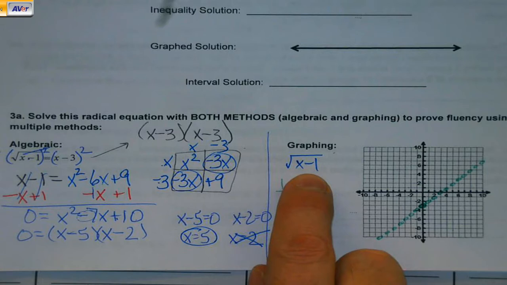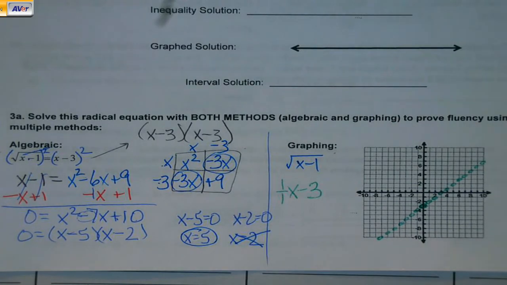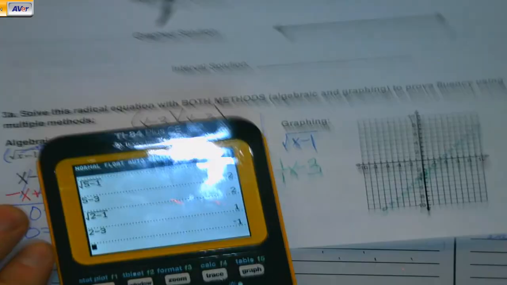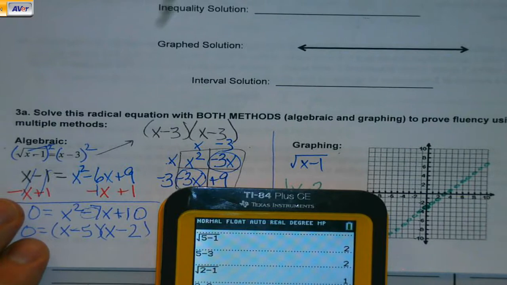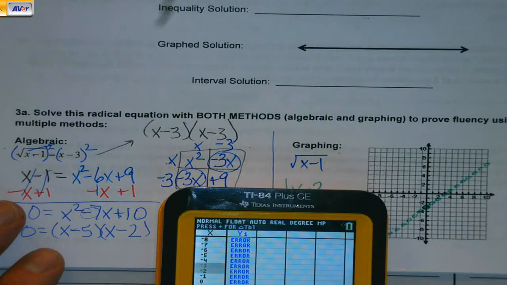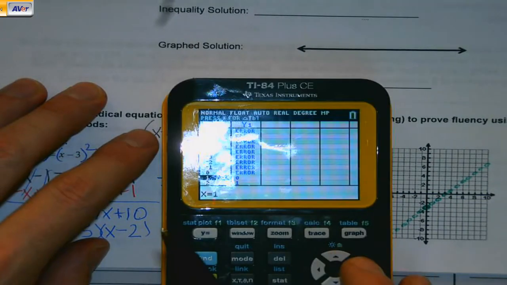Now, when it comes to this, you can either do your parent points and shift, because we'd have a shift of right 1, or you can go to y equals, pull up a chart, and use some of those coordinate points. I'm going to try and get it where I don't get total.